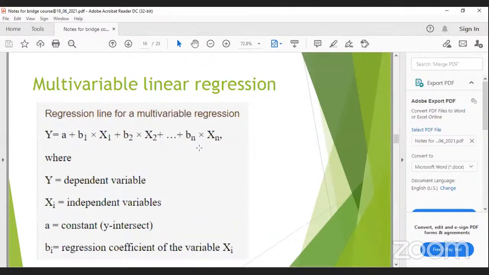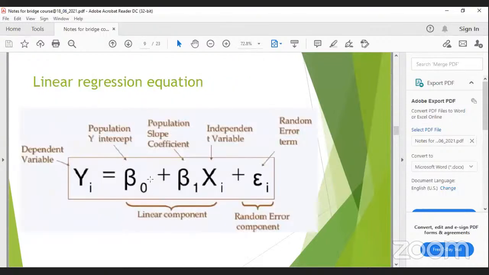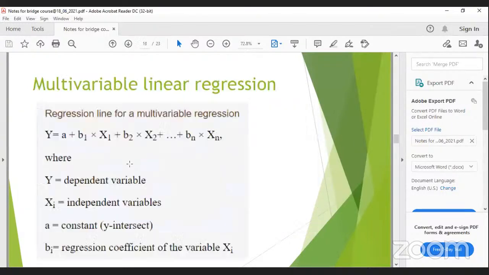When we have more than one variable, it is called multivariable regression, usually multiple linear regression. Multivariable means we have more than one variable and coefficient. Here we are using beta, but suddenly here we use a, b.